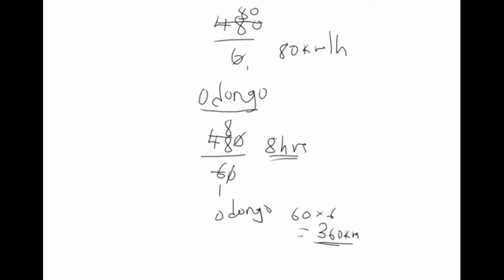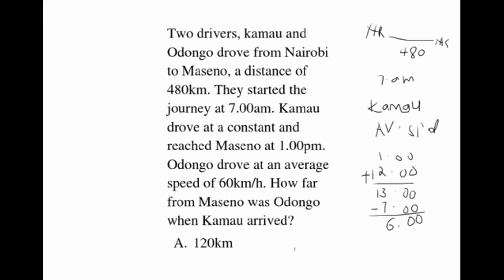The distance from Nairobi to Maseno is 480 minus 360, which is 120 kilometers. So Odogo was 120 kilometers far away from Maseno. Therefore, our correct choice is choice A.